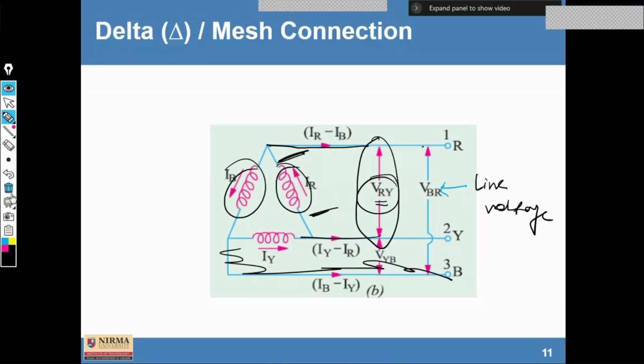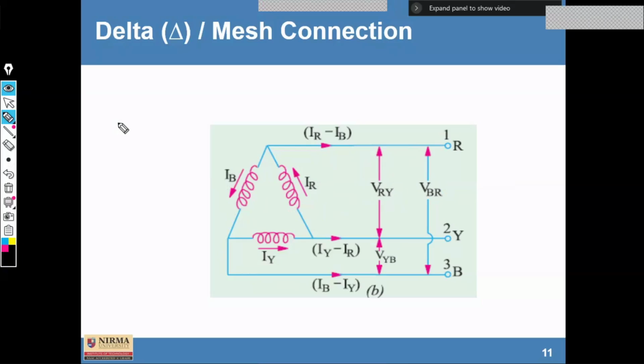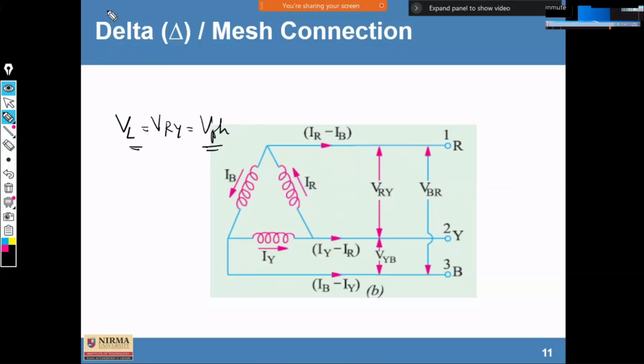So in delta connection, we always have the line voltage VL or VRY equal to VPH, the phase voltage, for delta connections. And there is a relationship of IL equal to root 3 times IPH for delta connections.